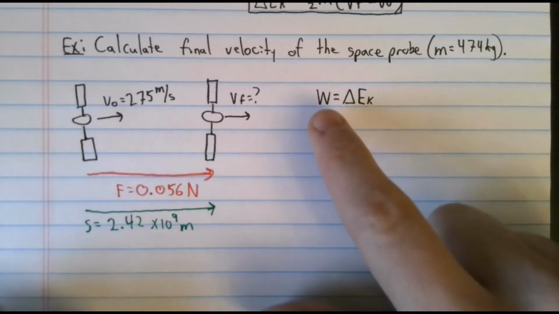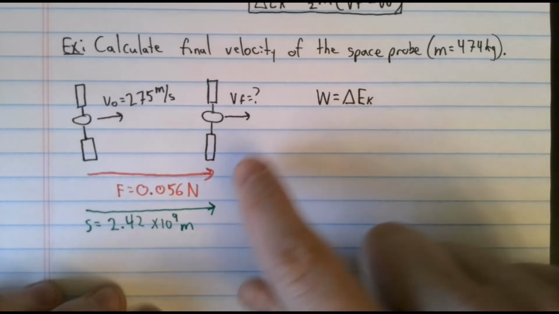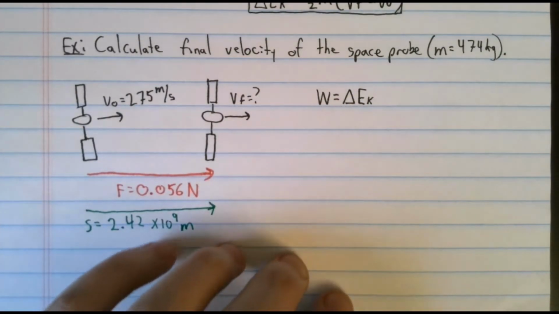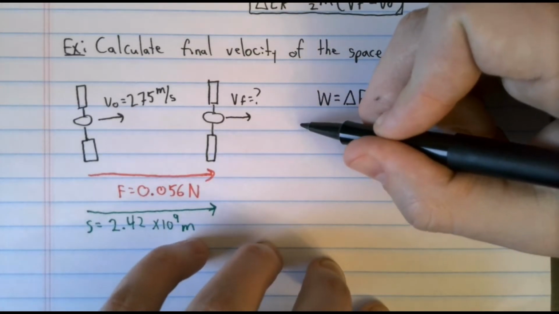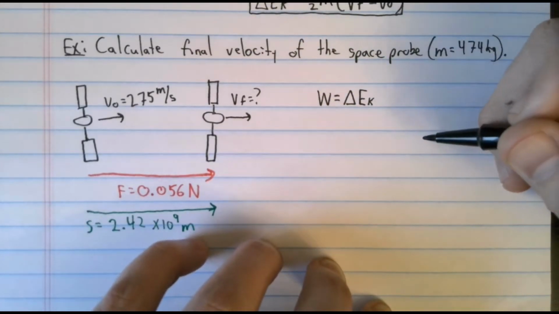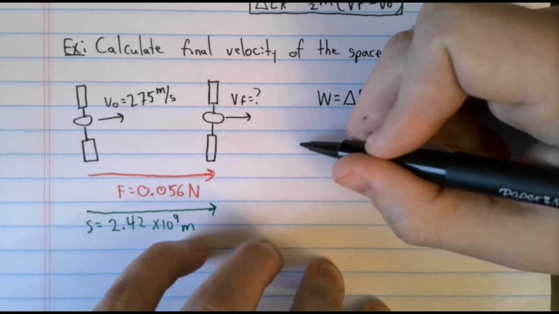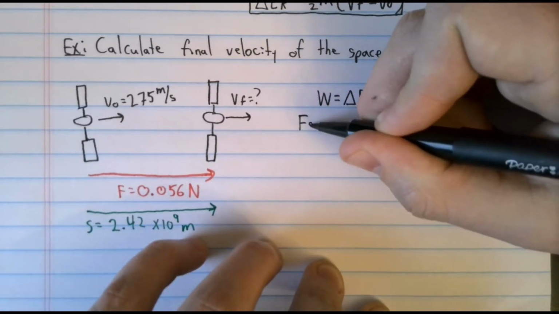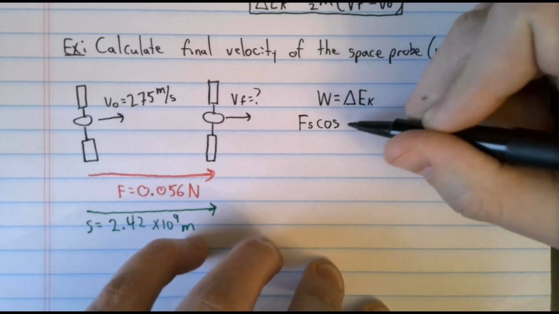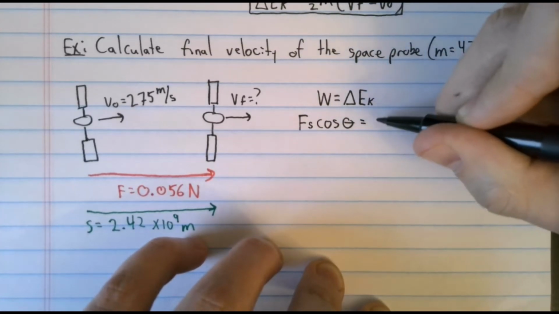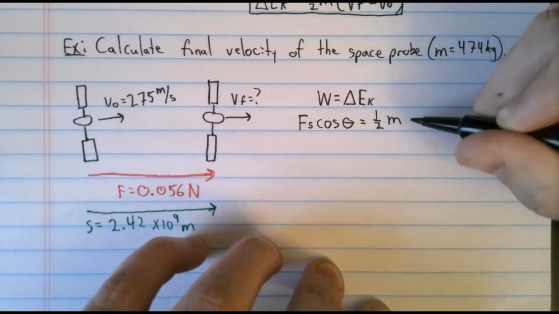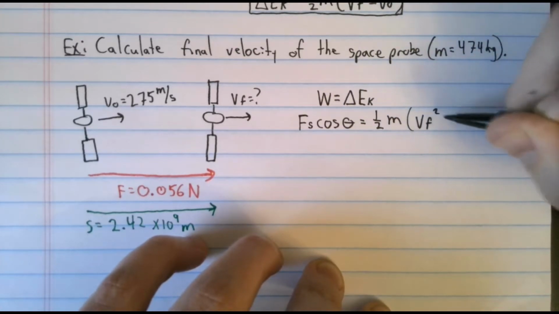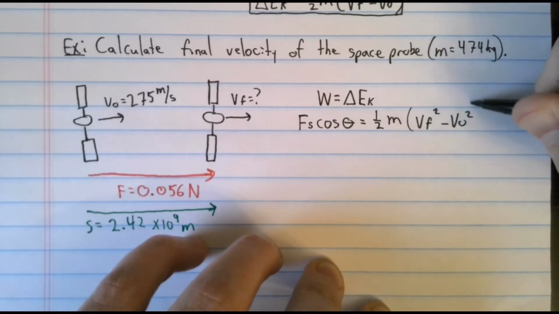They didn't give me a number for W, but they did give me F and S, so we'll put those in also. So let's see if we can, I don't want to take up too much space on the page. Here we go. Fs cosine theta equals 1/2 m times vf squared minus vo squared.